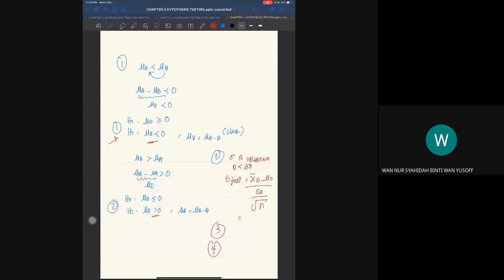At the end, the decision and conclusion must be the same, because it is based on the same data set, same experiment, same scenario. Any more questions?